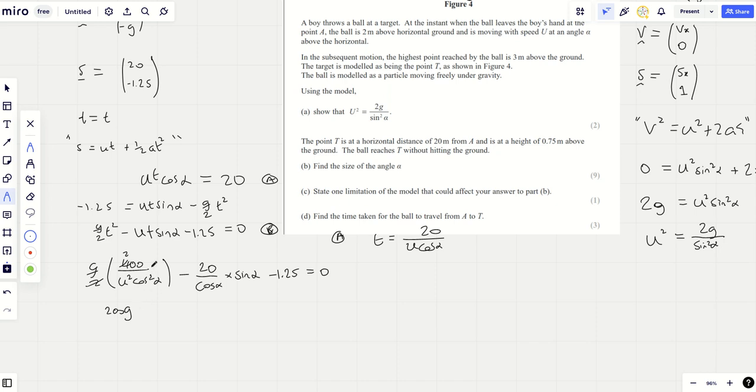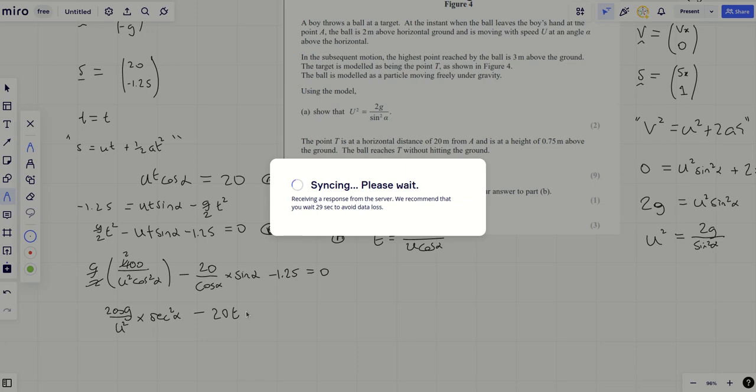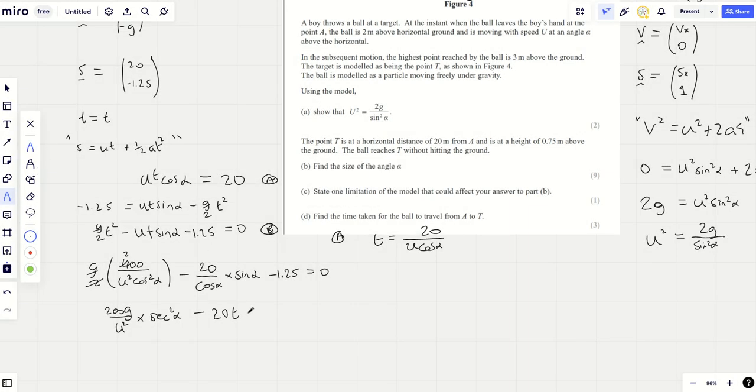I really want to write this as sec squared, because then I can write sec squared as 1 plus tan squared, and then I've got it all in terms of tan, which kind of looks nice. So I'm going to call that 200g over u squared multiplied by sec squared alpha minus 20 tan alpha minus 1.25 equals 0.